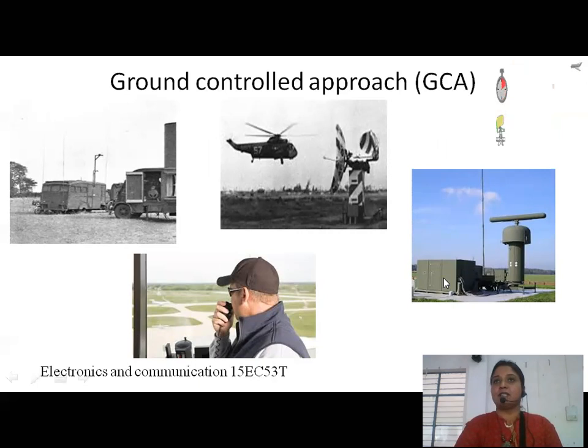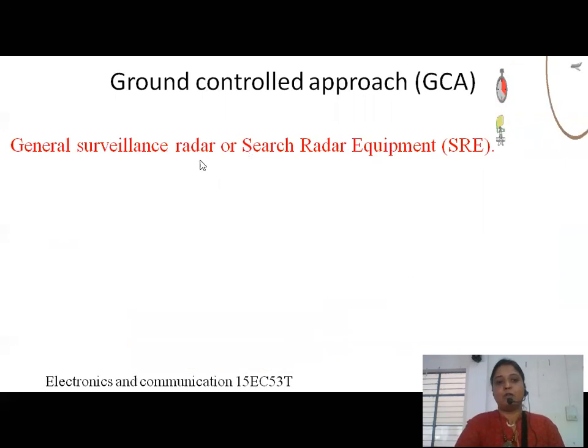Through the search radar, they observe the position, and from there they give instructions: whether the aircraft is in the safest region, whether it is approaching the landing or not. Continuously the pilots communicate with the ground station staff, and they can land the aircraft here.